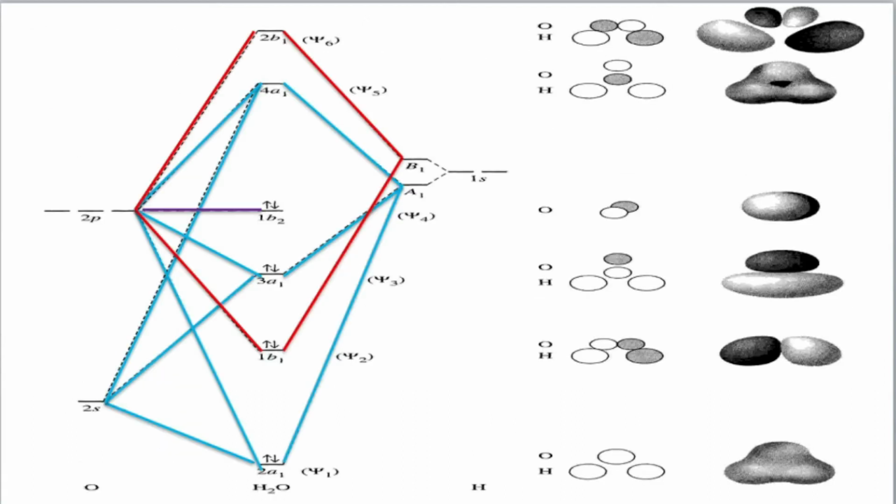See now the diagram. By means of sky blue color, I represented the A1 orbitals from oxygen. That's the 2s orbital and 2pz orbital. And from the team of the hydrogen, A1 and B1, these 2 players are there. One will be of low energy, one will be of higher energy. The more symmetric orbital will be of low energy.